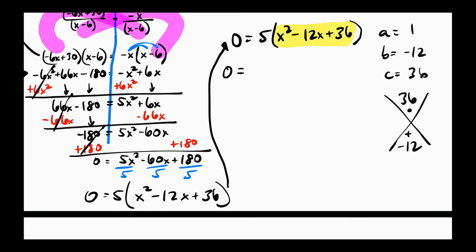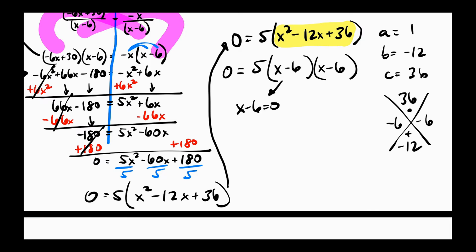Yep, they're both going to be negative 6. Negative 6 and negative 6. Separate and solve. You're going to get two answers and they'll both be the same.